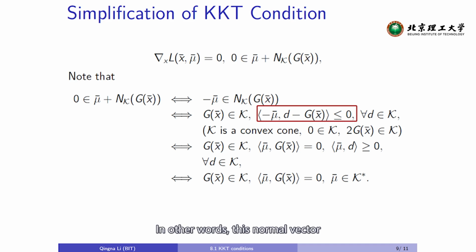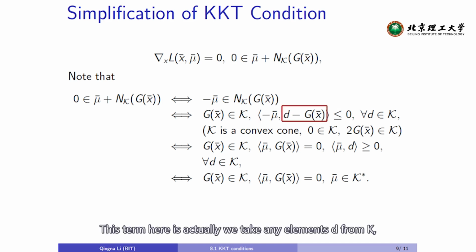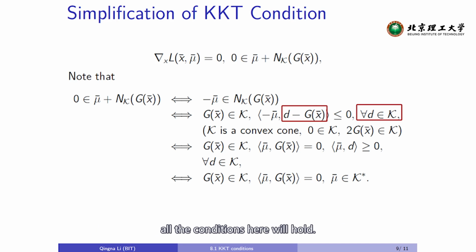In other words, this normal vector multiplied by this term should be non-positive, where we take any element d from K, and all the conditions here will hold, all right?